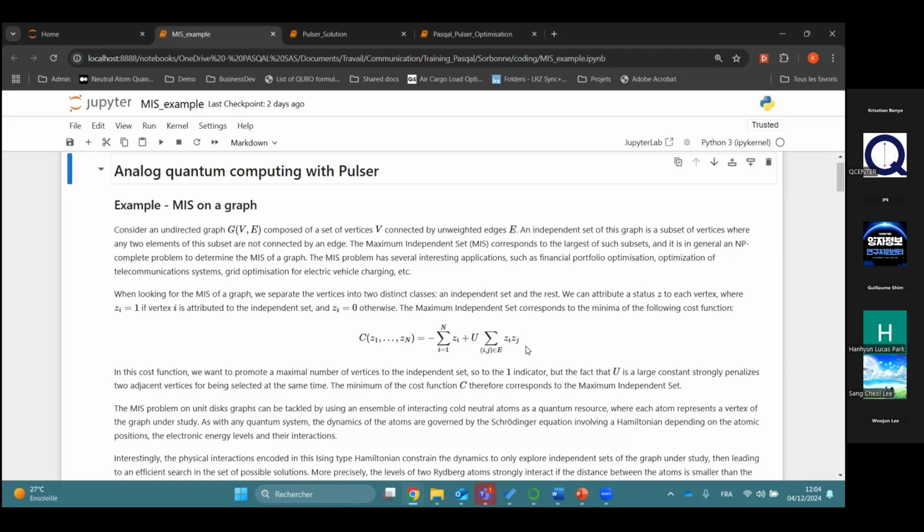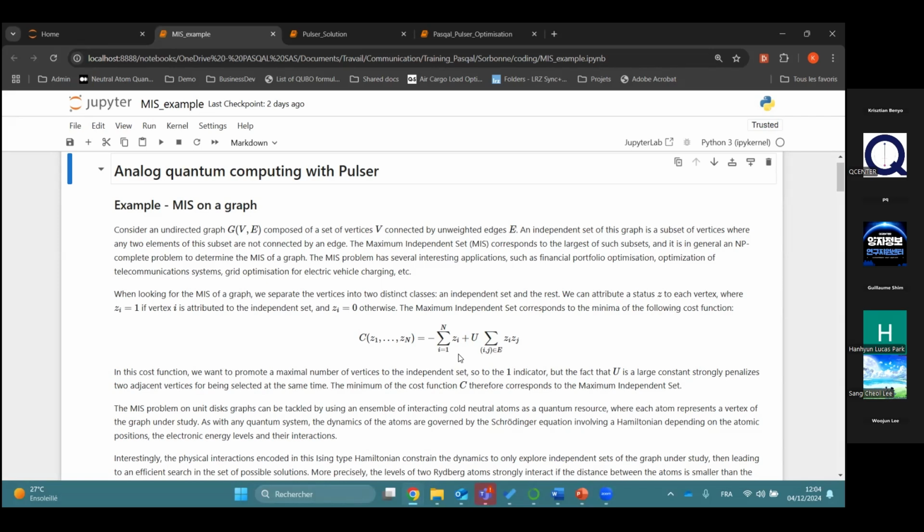So the second term becomes 0, and we can only focus on minimizing the negative value or maximizing the positive value. So what this representation involves is we can bring the maximum independent set formulation to a quadratic unconstrained binary optimization representation.